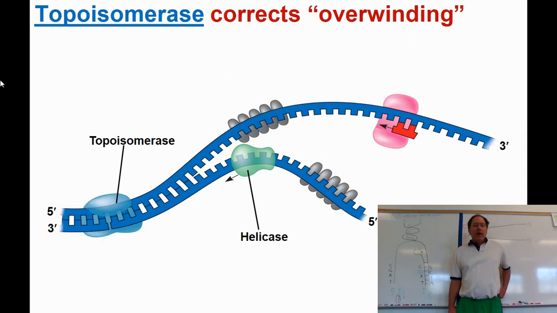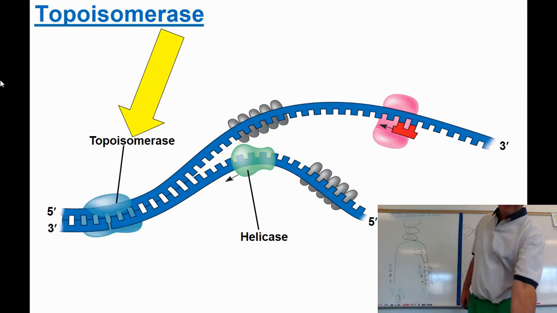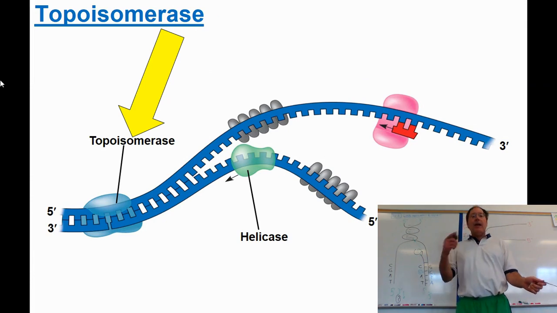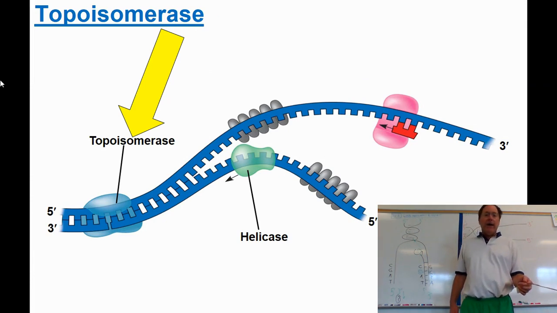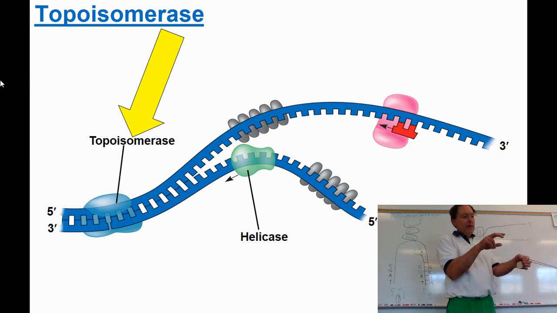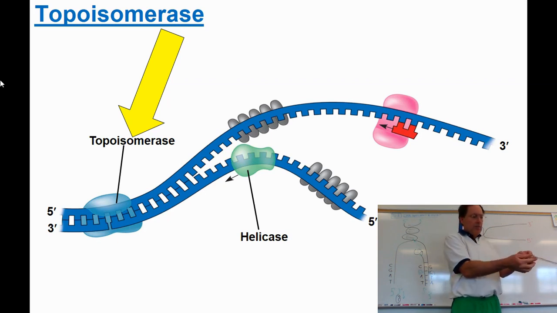So the first one, topoisomerase, is actually an enzyme that exists out ahead of the replication fork, or maybe it is the beginning of the replication fork. And I'm holding this piece of yarn here because I don't know if you can see this, but you can imagine if this thing is a helix, right? It's all spun like this. And imagine if you were to take any sort of rope or something that's spun around itself and you were to pull it like this.